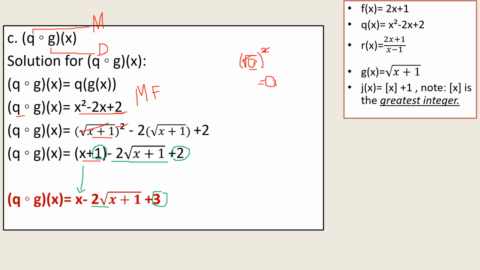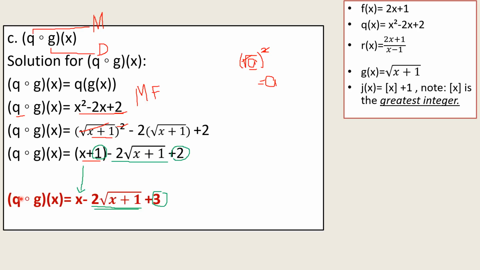Kasi, hindi naman po natin pwedeng i-combine si 2 square root of x plus 1 sa iba. Okay? So, ulitin ko lang po. X, copy. Then, 1 plus 2, 3. Okay? Tapos, negative 2, square root of x plus 1, copy-paste lang. Can we still combine terms here? No, hindi na pwede. So, this would be the final answer.